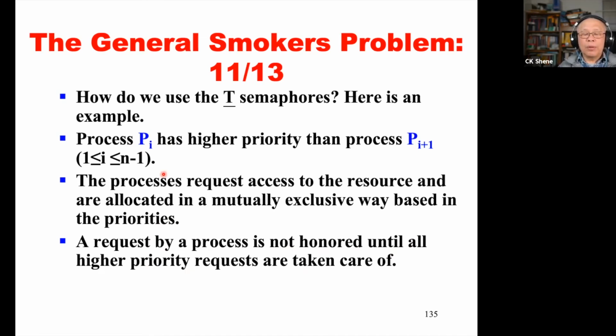Pi won't get this resource until P0, P1, P2, P3, up to Pi minus 1 finish using this resource. That is, until no process that has higher priority than Pi is using that resource, then Pi can use it. And if there is a process with a higher priority than Pi, then that process would have that resource allocated before Pi.